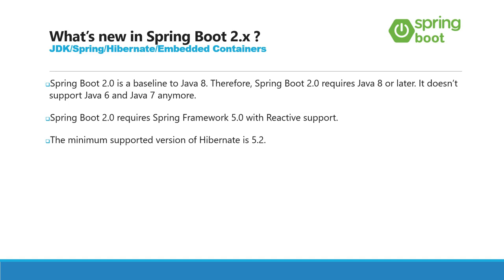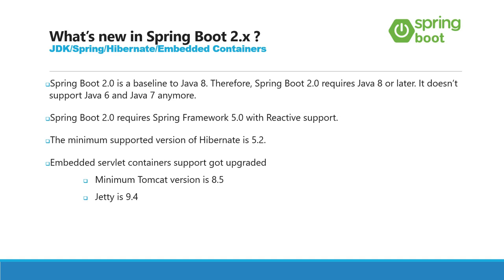With respect to Hibernate, let's say you have added Spring Boot starter data JPA, then automatically the Hibernate 5.x dependency will be added in your class path. So I would say Spring Boot 2 now supports Hibernate 5 as well.